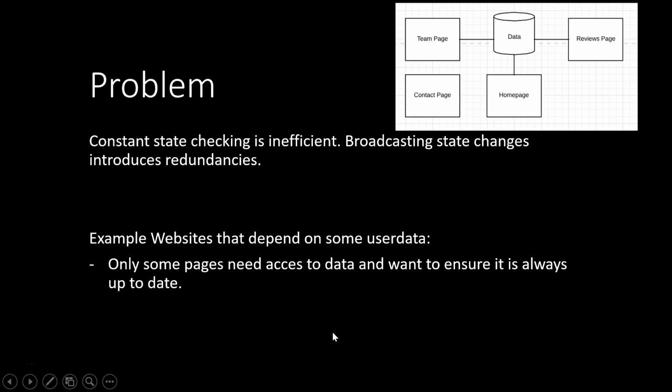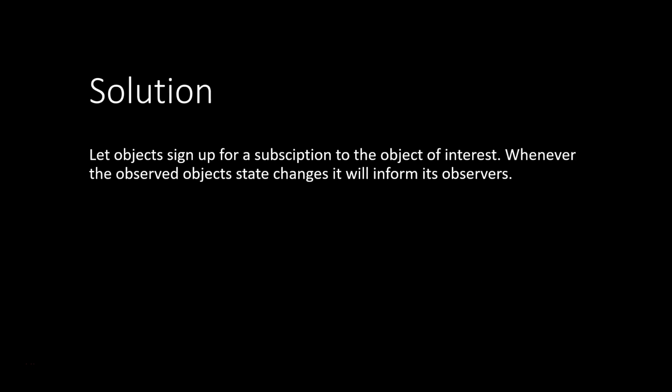So instead of having a pull approach where home pages just ask for the current data status, the observer design pattern takes a push approach where the data always pushes its current status onto the dependent objects whenever the data changes. So the solution is to let objects sign up for a subscription to the object of interest. Whenever the observed object state changes, it will inform its observers.